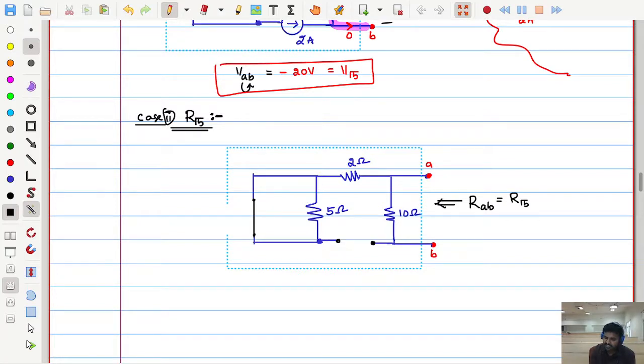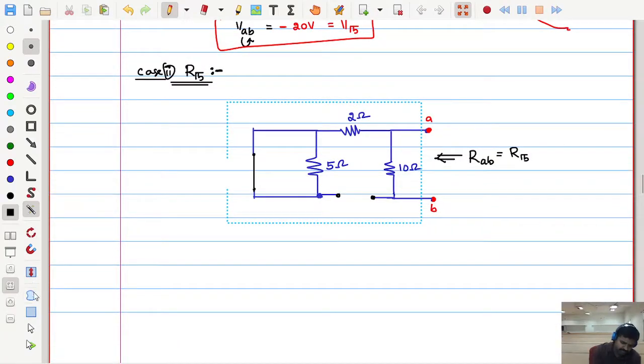That 0 in series with 2 is 2, but one terminal is hanging in the air. As a result of the open circuit of the current source, this is not connected to our B terminal. That means this entire thing will become a redundant branch.